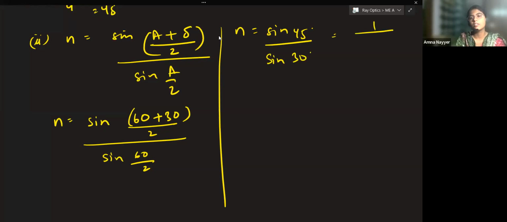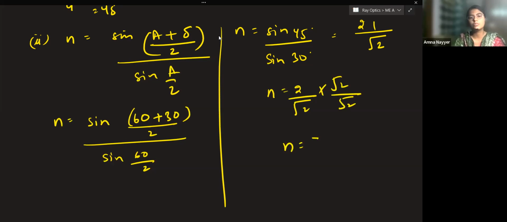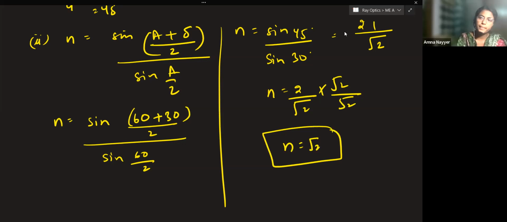Sine 45 is 1 by root 2, sine 30 is 1 by 2. So 2 by root 2, you can even rationalize it by multiplying by root 2. This gives you n as root 2 only. Fine, note it down. Any doubts you have in these two parts, let me know.